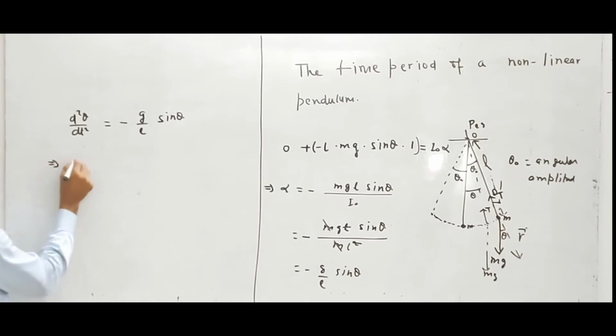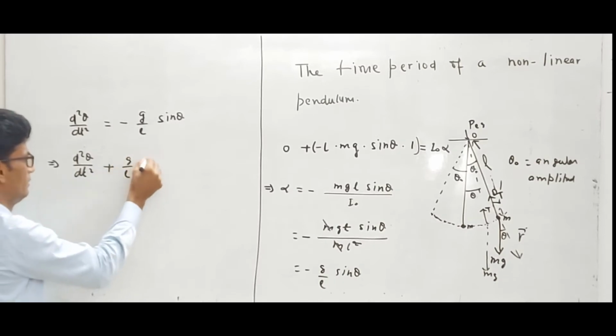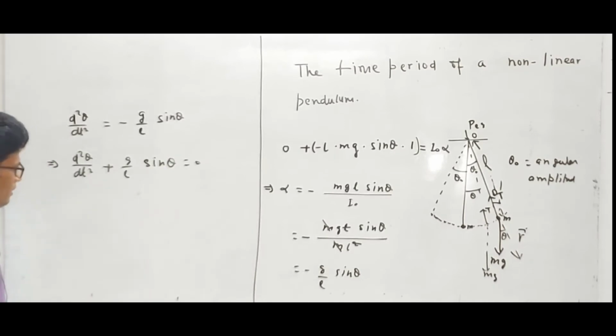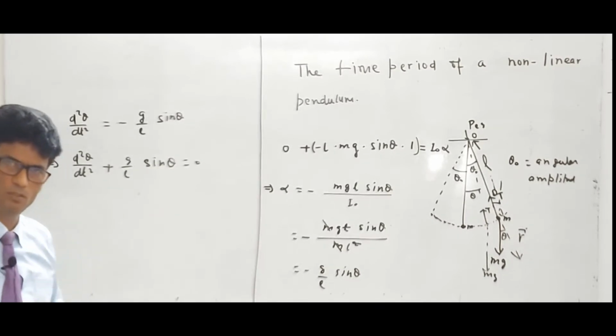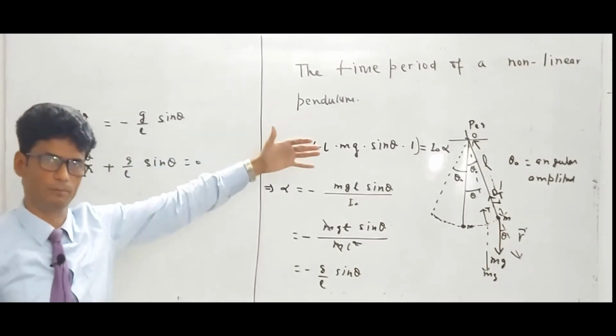Bring the right hand side to 0. So this is d2 theta by dt square plus g by L sine theta is equal to 0. We have to solve this differential equation to get the time period of the non-linear pendulum.